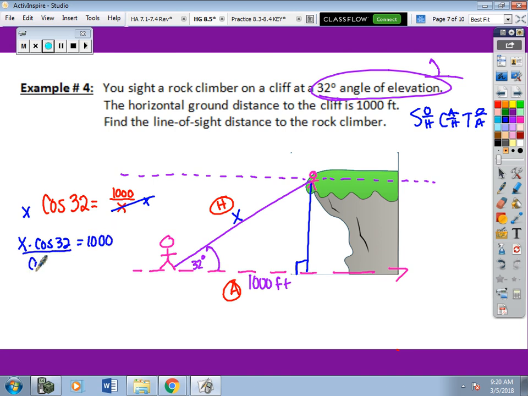This time dividing by cosine 32. It doesn't tell us what to round to, so let's just do the nearest foot. What do we get? Joseph? Good. 1,179 feet.